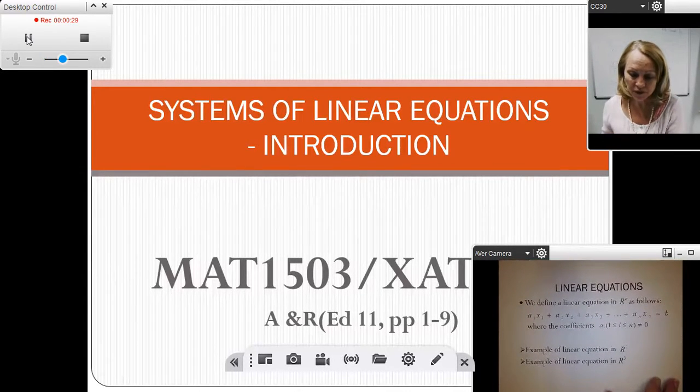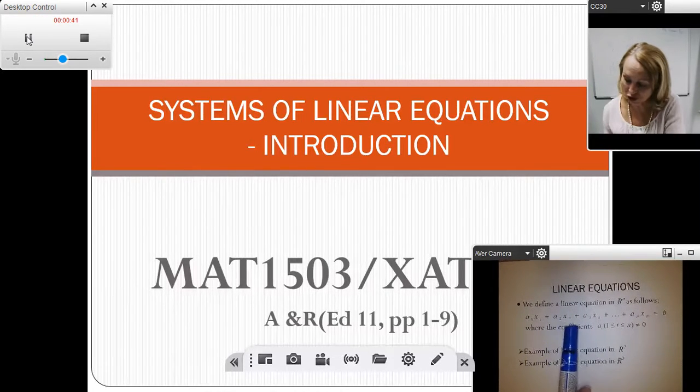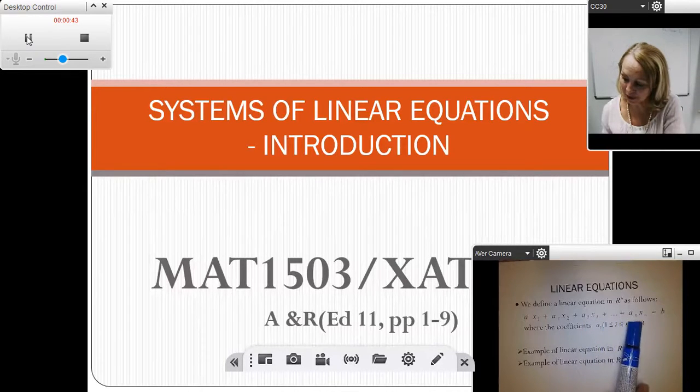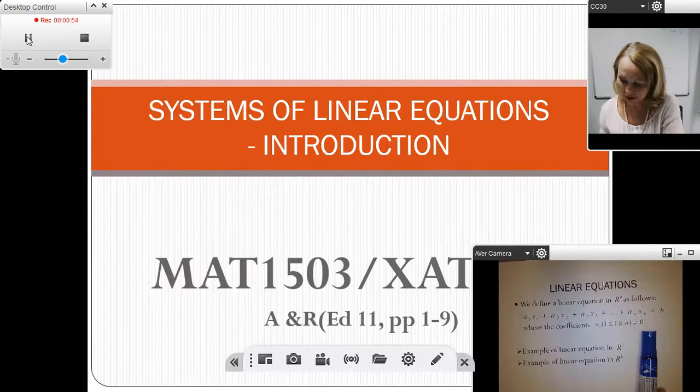We started with the definition of linear equations, where we define a linear equation in Rn space as follows: a1 x1 plus a2 x2 plus a3 x3 plus up to an xn equals b. The coefficients a1, a2, a3 up to an are all non-zero.